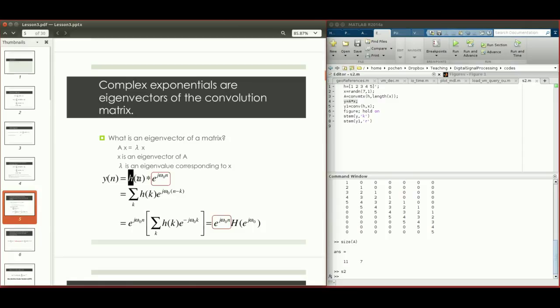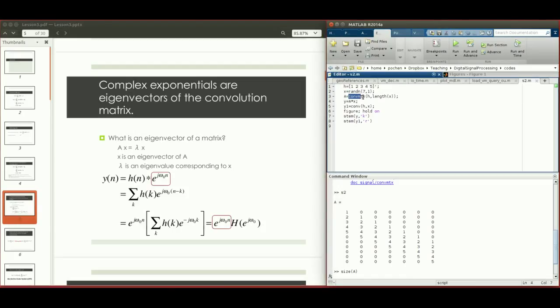So here it's the impulse response, and here's the convolution. And in my previous slide, I was telling you that this convolution operation can be expressed using matrix vector multiplication, right? And that matrix is given here, but it can be constructed from h by using this Matlab function called convmtx, convolution matrix, right?